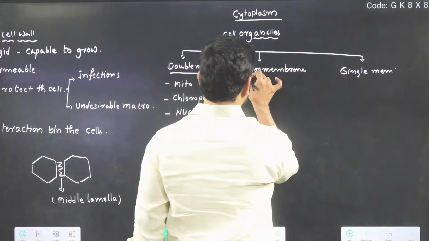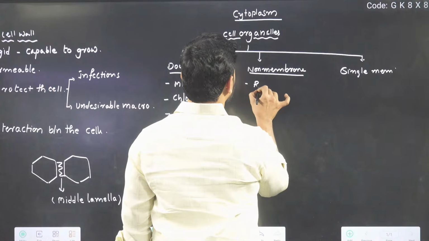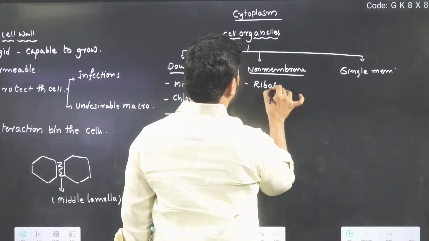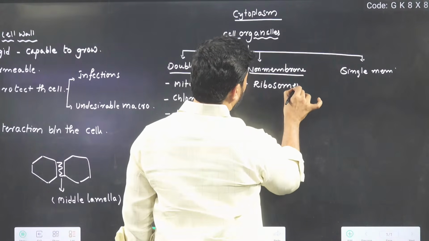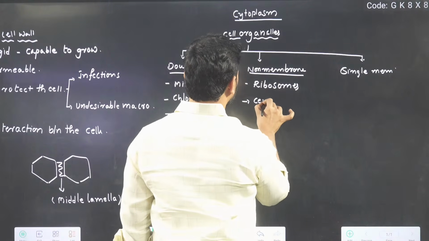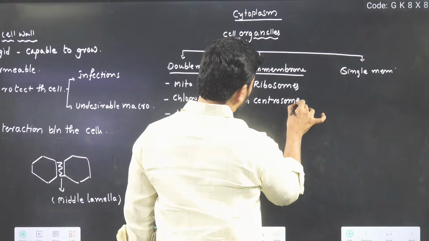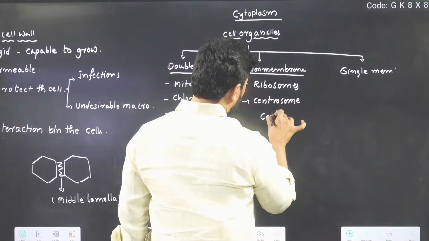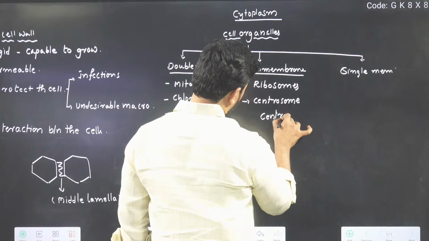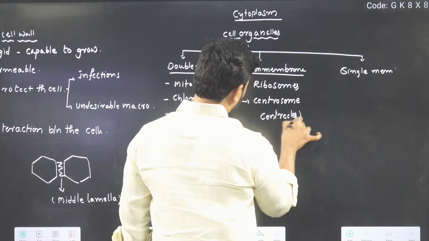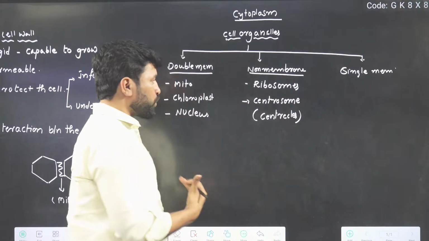What about non-membranous? Ribosomes. Then another one is called the centrosome. Of course, there are two centrioles which form this centrosome.